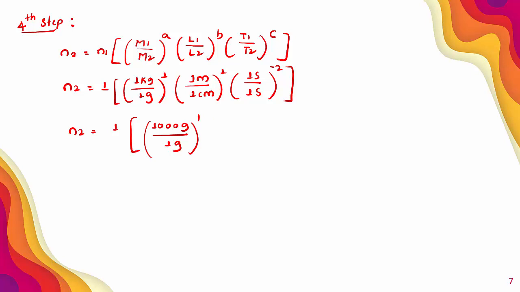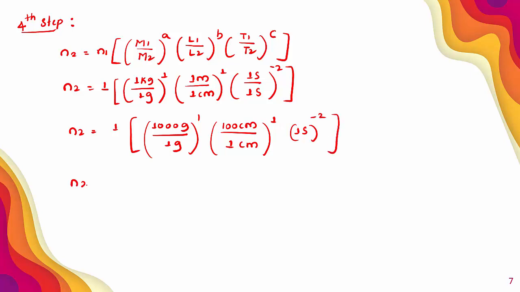Similarly, 1 meter by 1 centimeter. 1 meter equal to how many centimeters? 100. So I can write 100 centimeter divided by 1 centimeter raised to 1. And here 1 second divided by 1 second, which means directly I can write 1 second raised to minus 2.